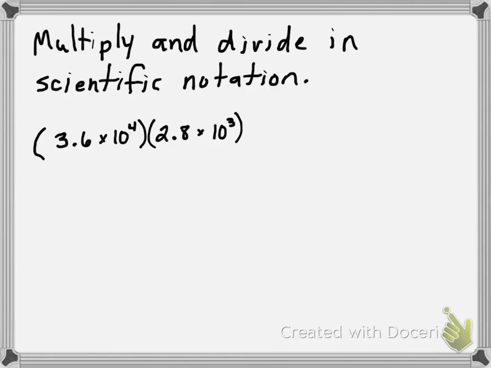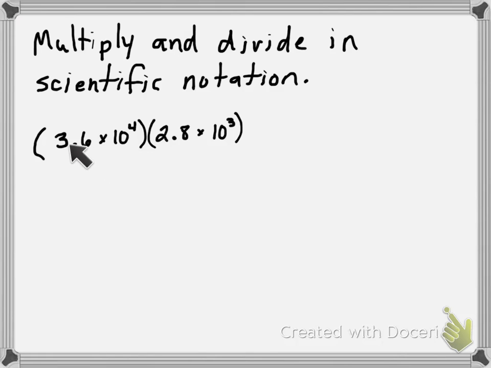Now I'm trying to multiply 3.6 times 10 to the 4th by 2.8 times 10 to the 3rd. Well, there's a nice easy trick with these. Everything here is multiplying, so I don't have to do it in any specific order because multiplication is commutative. I can multiply the 4 of these in any order I want.